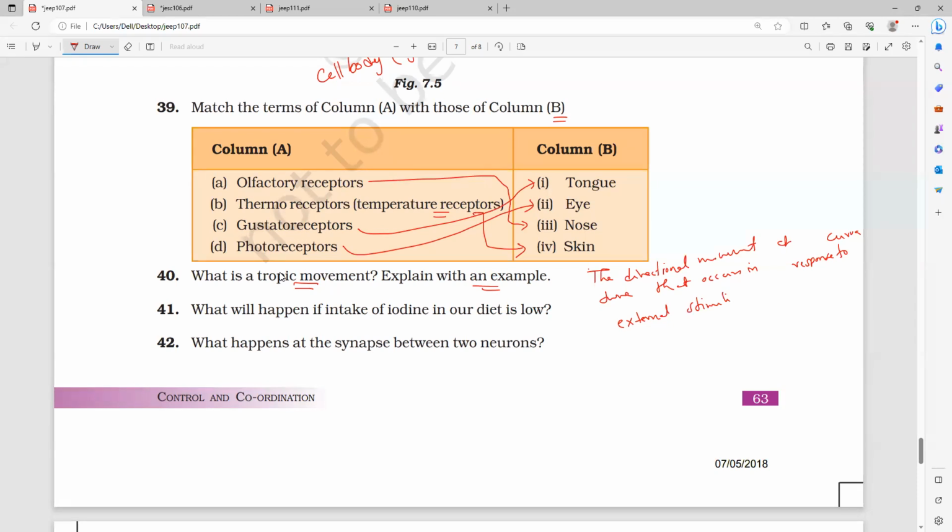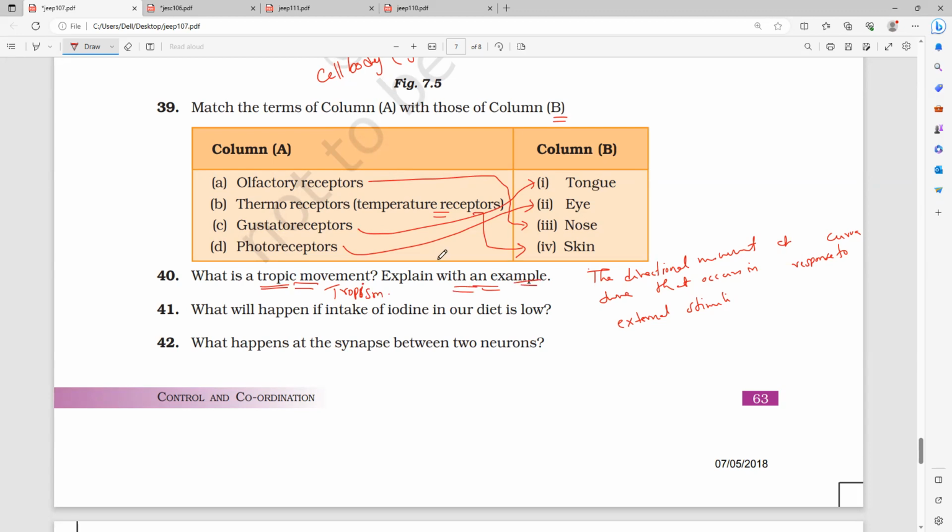Tropic movements we can also say tropism. Okay, now they are asking to explain with an example.